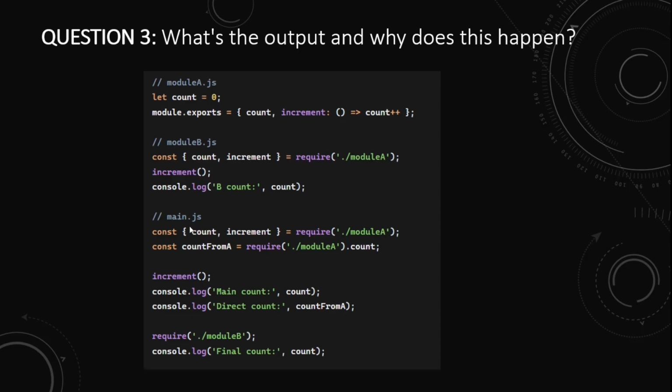And the third one is the main.js file, which is also importing module a.js, and from there it is extracting the count and increment function.